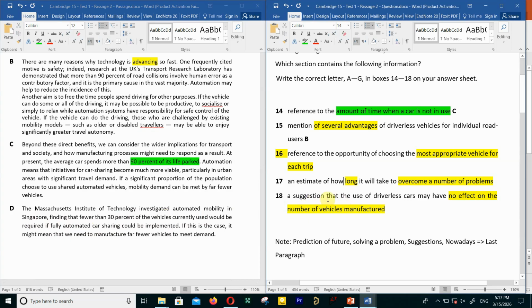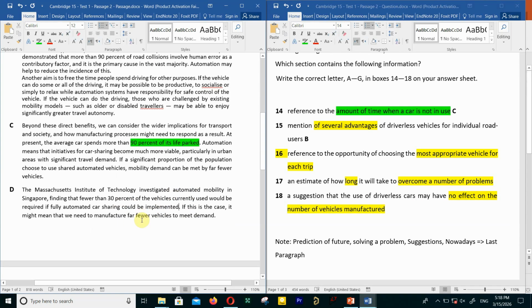So here it says a suggestion that the use of driverless cars may have no effect on the number of vehicles manufactured, but here it's not saying that there is no effect at all. So we had to go through the rest actually.